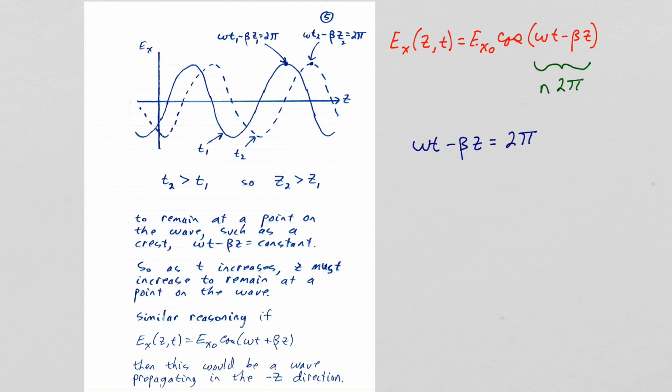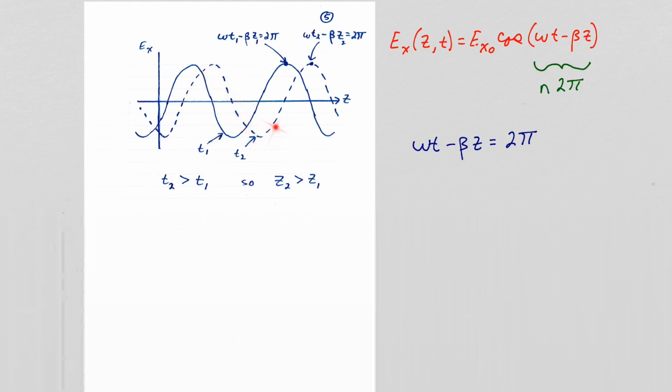So let's set n equal to 1, so that omega t minus beta z is equal to 2 pi radians. So this solid curve is our plot at time t1 of our electric field intensity. The dashed line is at another time t2, where t2 is greater than t1.